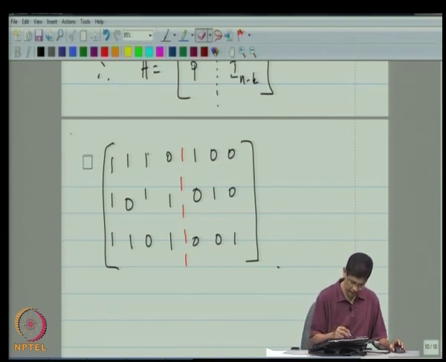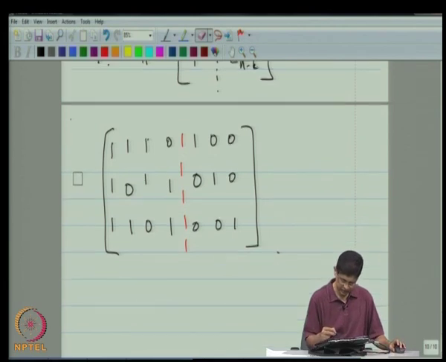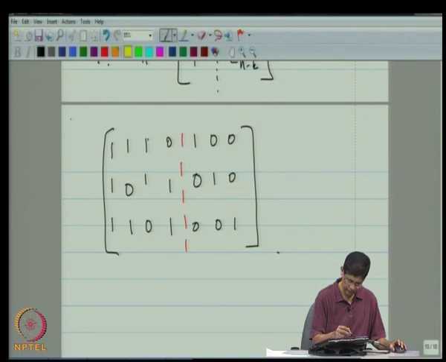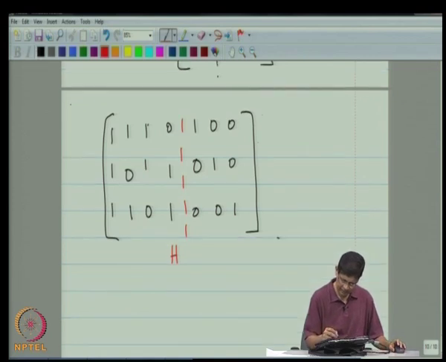Now if I look at the parity check equation, so this is H then, which says that Hx is H times C is equal to 0.